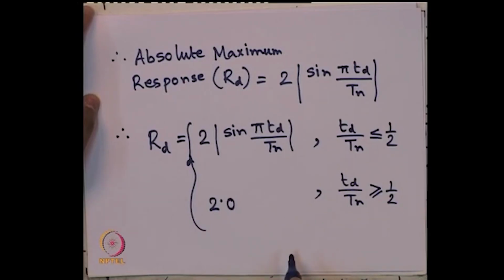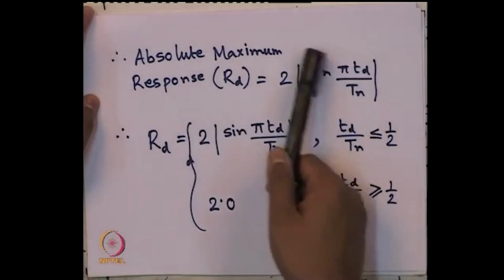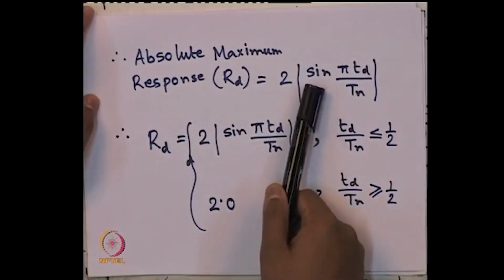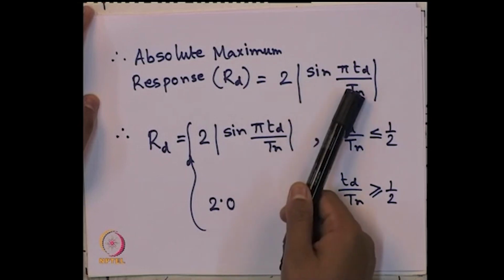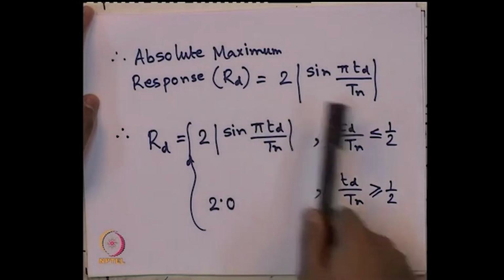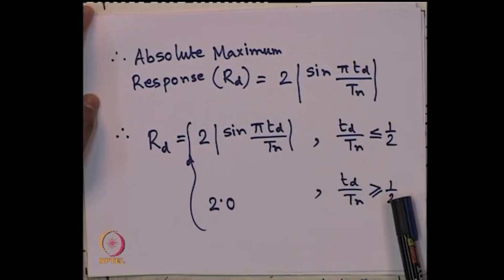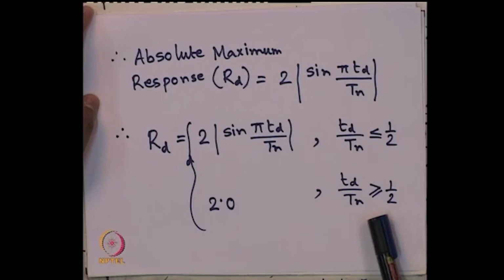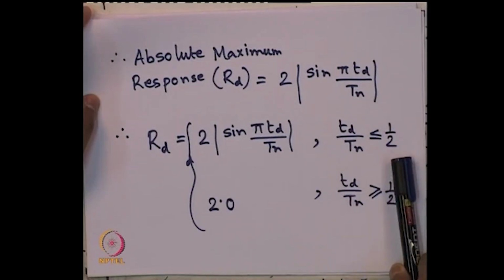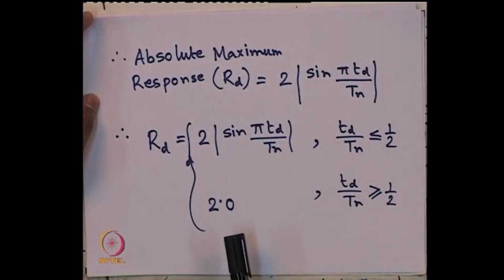Is it clear? See, this is the complete solution. What is the maximum value of this again? When this sine parameter is 1. Am I right? That will give us that value of 2, the maximum value. When will it occur? That will occur when this ratio Td by Tn is more than or equal to half, right. Otherwise, if it is less than or equal to half, it has to be 2 times whatever the sine value gives us.